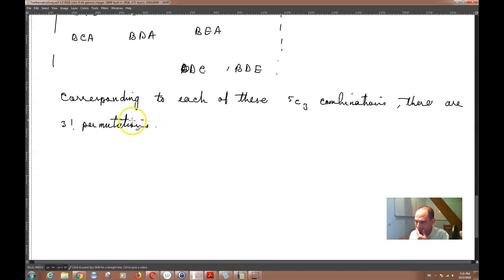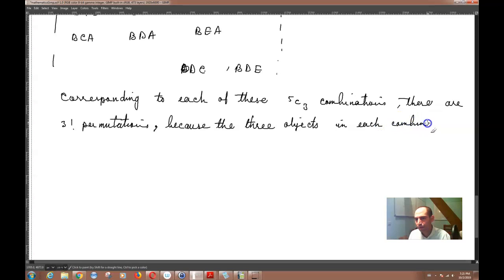There are 3 factorial permutations because the 3 objects in each combination, and the reason is very, very clear, because the 3 objects in each combination can be rearranged in 3 factorial ways.